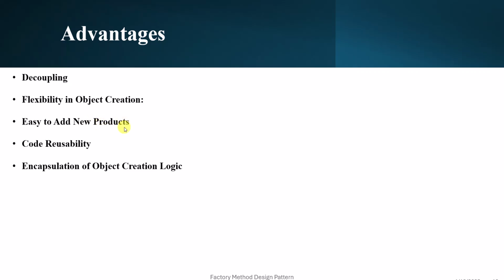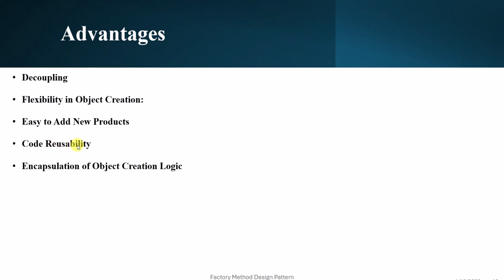We can simply add a new concrete product and the corresponding concrete creator, and extend the system. Here the subclasses, or the concrete or creator class, can implement a new product without affecting other parts of the system.